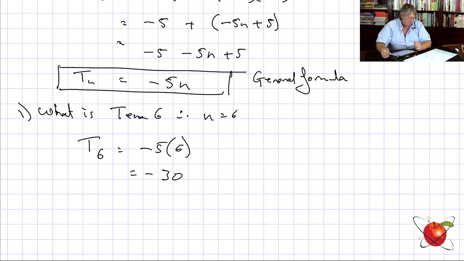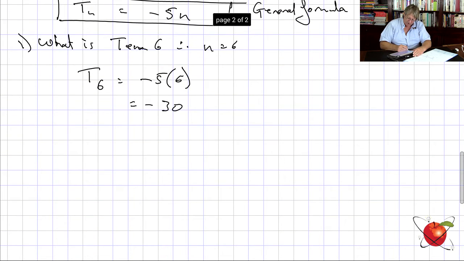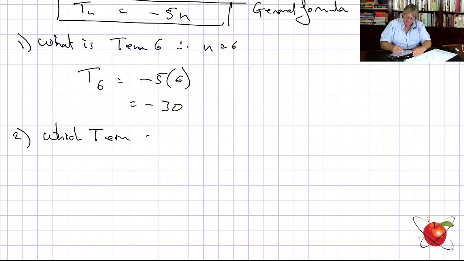Right? Then we go back and they say, which term is equal to minus 50? All right? Okay. Which term equals minus 50? What have they now said? They've now said that that is Tn. So therefore, this is Tn.